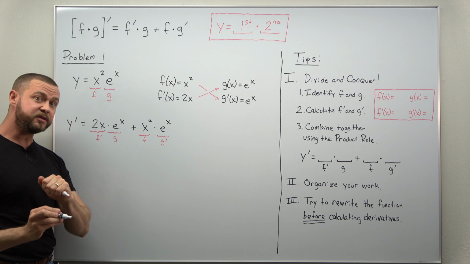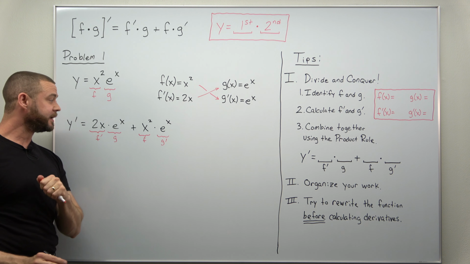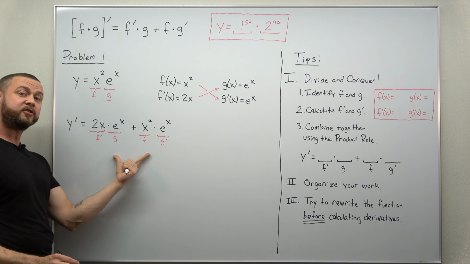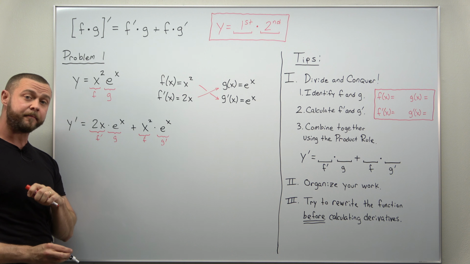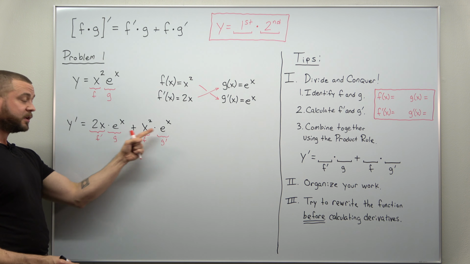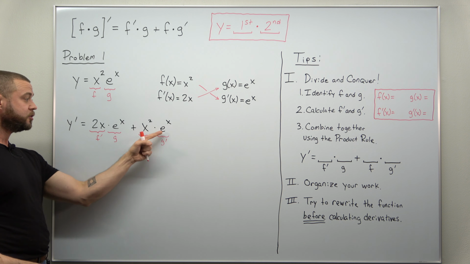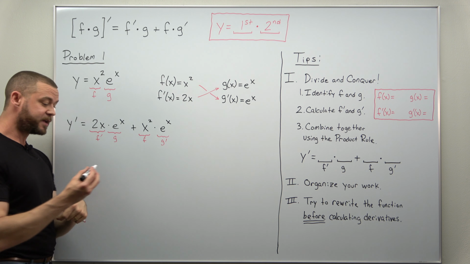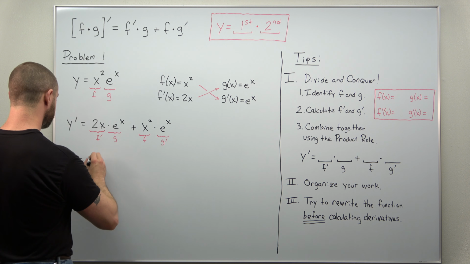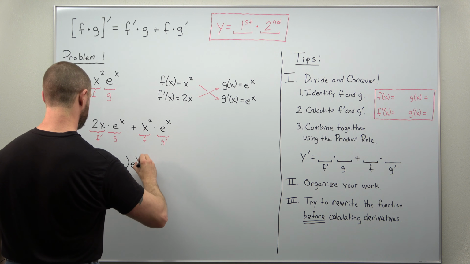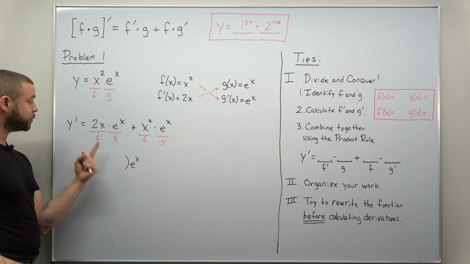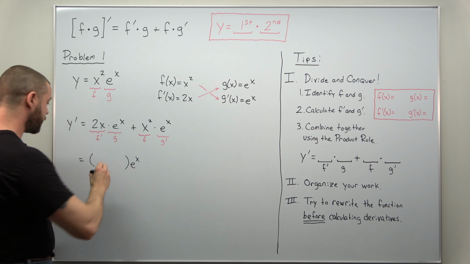All right, now we're basically done, but a good habit to get into is once you calculate a derivative, see if you can simplify it. And what you might notice here is with each of those terms, you have a factor of e to the x, so we can factor that out. And inside parentheses, we're going to have 2x plus x squared.